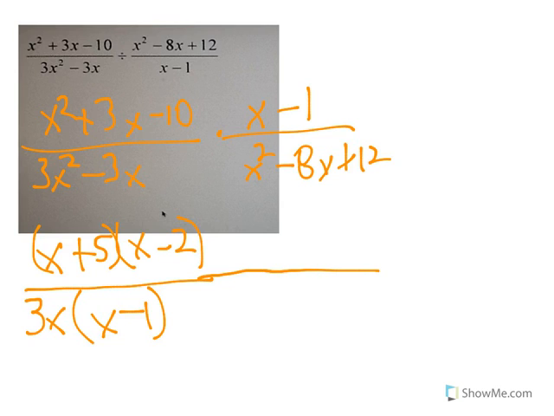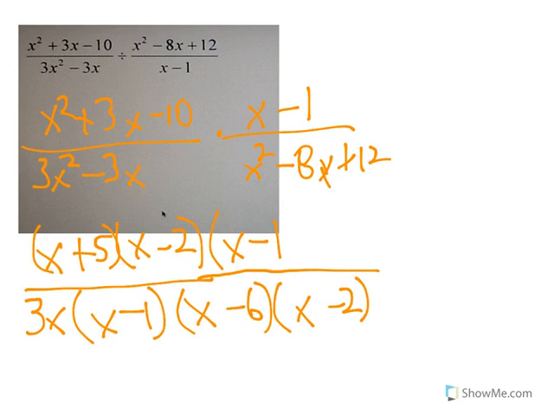And we're multiplying this all out, so I can just continue to put these terms together. And when I factor this one, it's got to be x minus 6 and x minus 2. So that's going to give me that nice 8x.